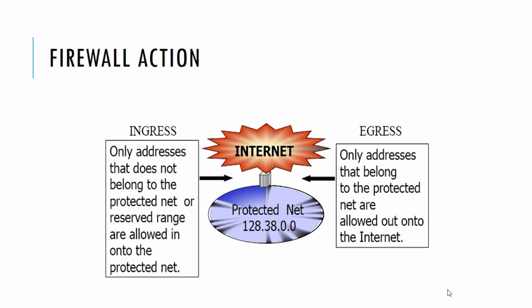If it is coming from outside, why does it have a source IP address belonging to the range of my protected net? It should be malicious. It should be something fake, something unreal, and something suspicious that should be banned and avoided from our network, and the firewall should be configured to reject it.